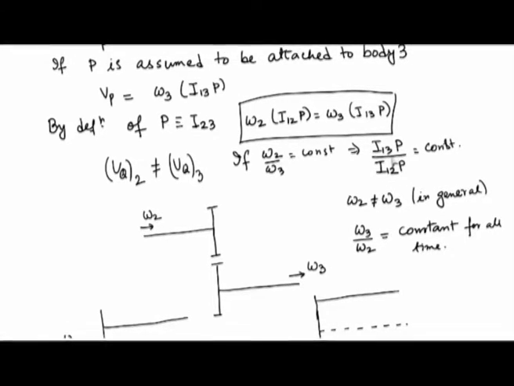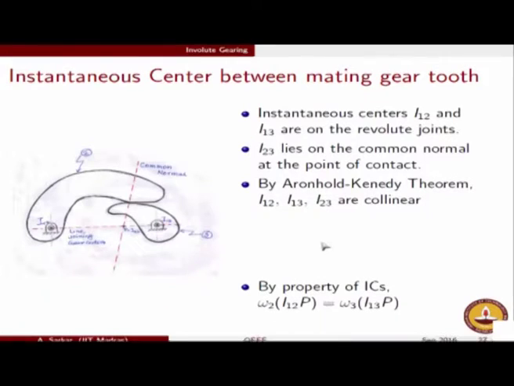So, the point P, I should not have used the word pitch point. At present this point P is just the instantaneous center. So, the requirement now boils down to the fact that this point P, the instantaneous center between the two meshing gear teeth, should be such that the ratio of these two distances is fixed for all time.